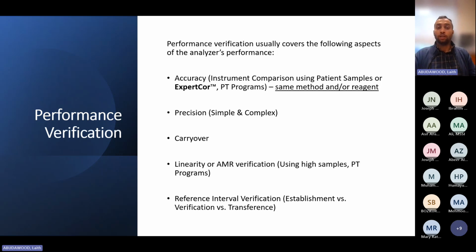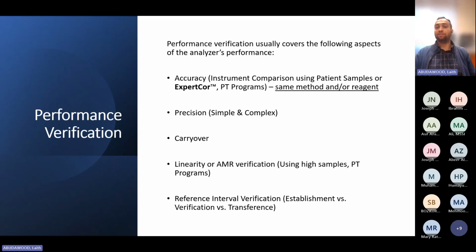It will be good if I get samples from 1% to 50% to 100% to 200% to 400%. Then I will measure them. Okay, if all these samples are measuring as expected, I will say that the measuring range that Stago is offering is actually accurate.